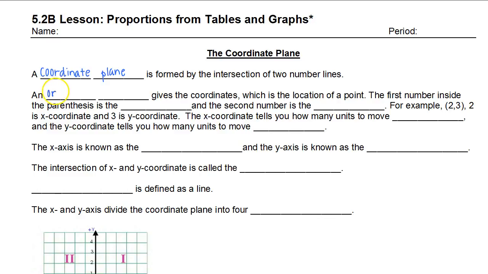So the next couple of blanks we're filling in with an ordered pair. The first number inside the parentheses is the x-coordinate, and the second number in the parentheses is the y-coordinate.